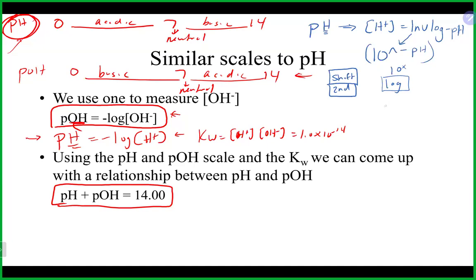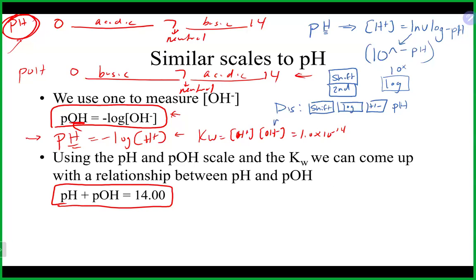And a reminder that if you have a display calculator, you need to punch it in exactly the way it's written. So once again, if you have a display, you're going to go your shift or second button, whichever one you have in top left. You're going to go your log. You're going to go your negative, and then you're going to put your pH in.